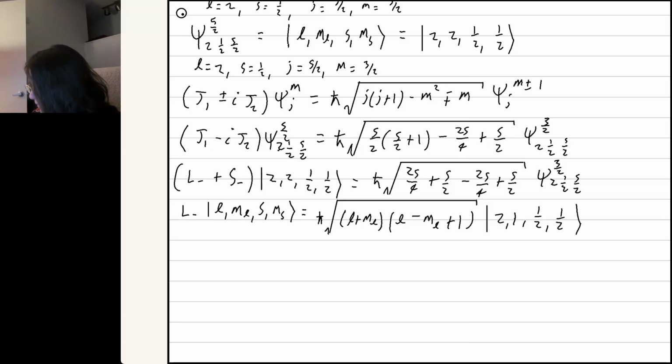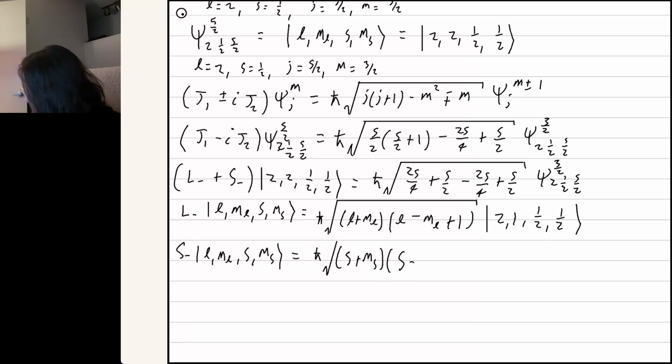Okay. So then S minus has a similar operation. It'll be h bar times root, we'll have S plus MS times S minus MS plus 1 under a radical, times now the same state.